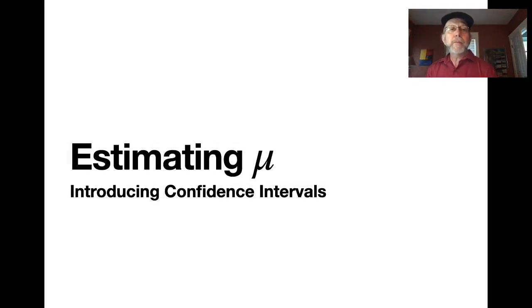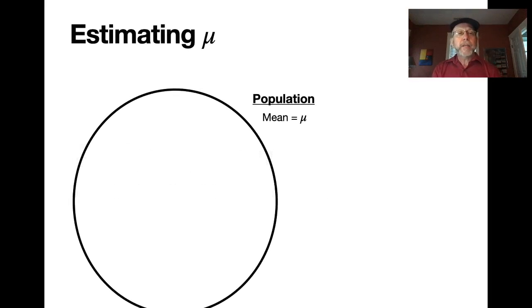So, estimating mu, introducing confidence intervals. The idea is we're trying to estimate a population mean mu. That describes the average value of some variable, like height for instance, over an entire population.